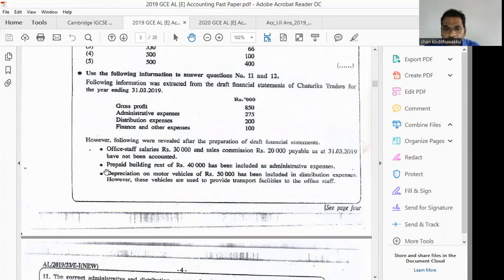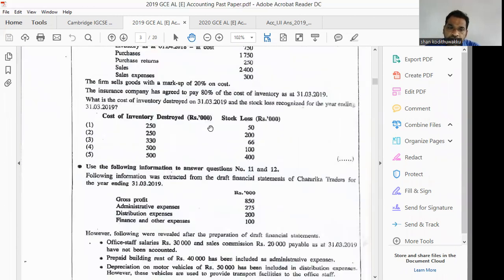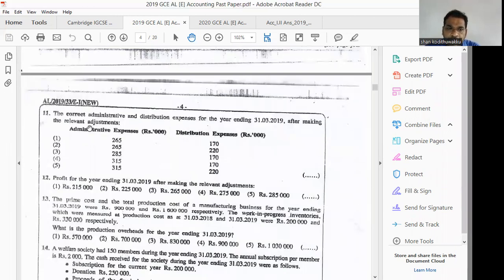And again, we add 50,000 as depreciation of motor vehicles because we use the vehicles to provide transport facilities to office staff. Therefore, we remove it from distribution and include it in administration. So we got the answer for administrative expenses 315, in the fourth one and fifth one, so we reject the first three answers.